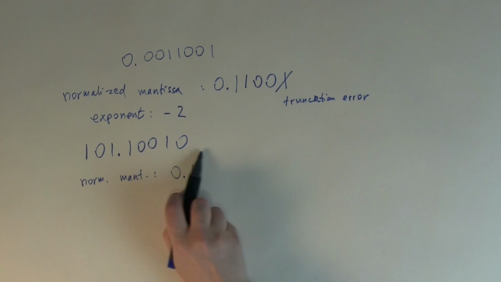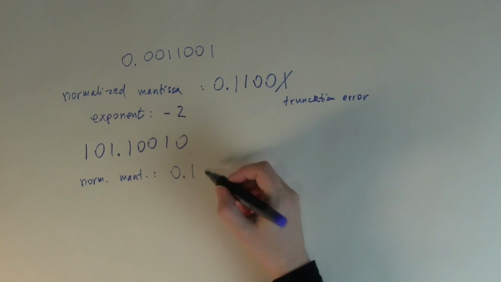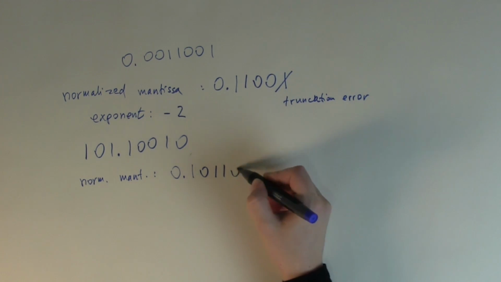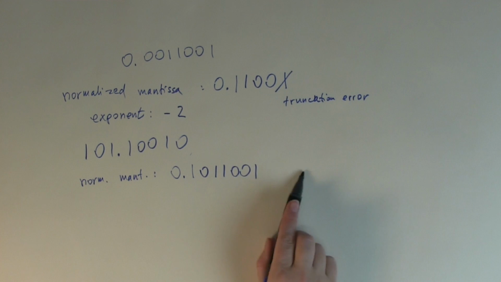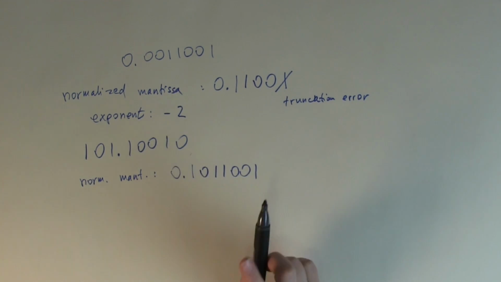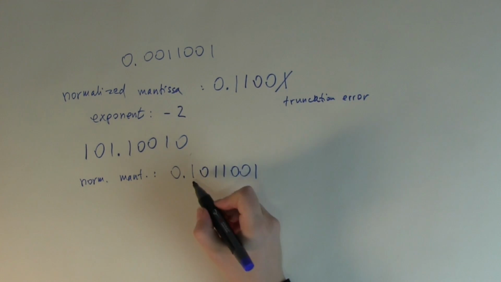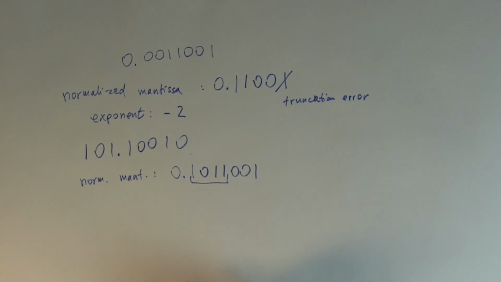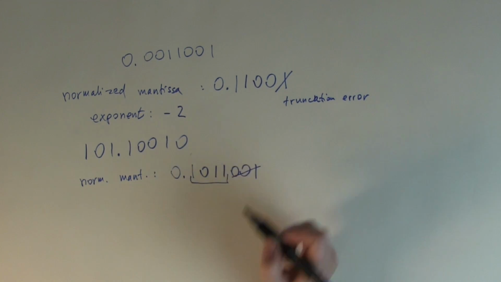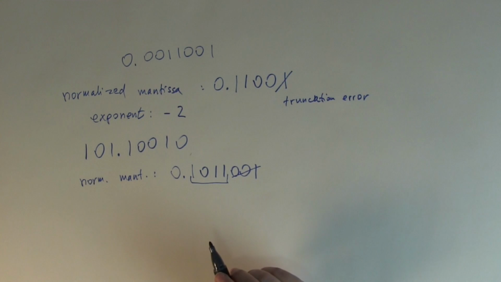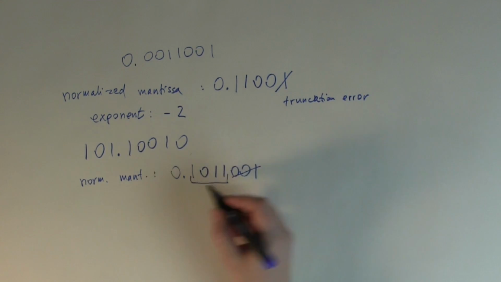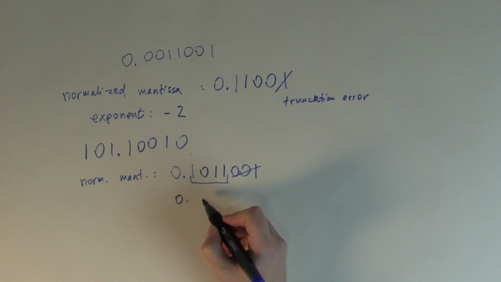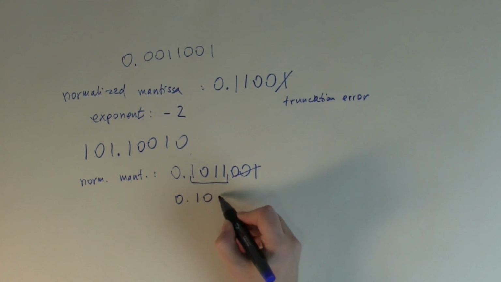So I need to copy the sequence from then on, and that's basically 1, 0, 1, 1, 0, 0, 1. The last 0 I don't need to write out because there's no other digits following it. But again, I only got 4 bits for the mantissa, so these 3 digits are again truncation error. So the normalized mantissa therefore will be 0 radix point 1011.